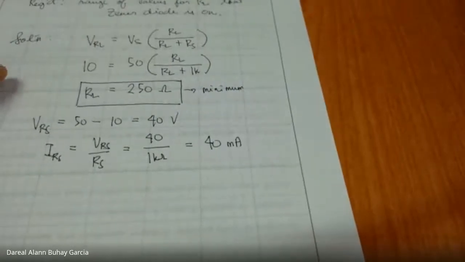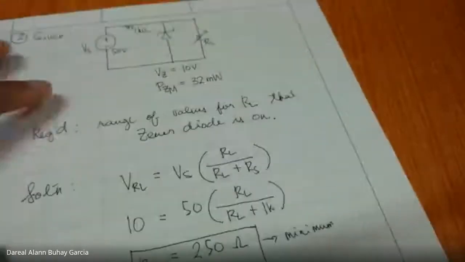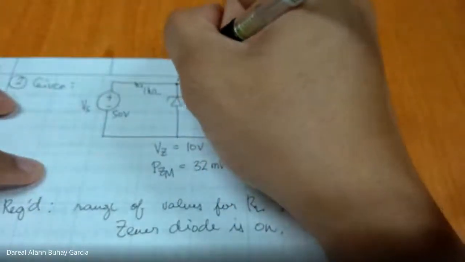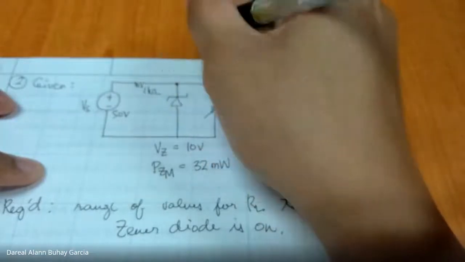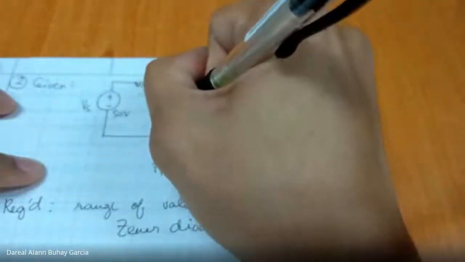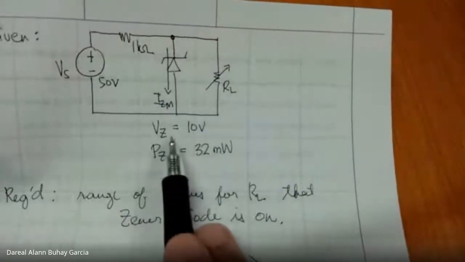So if IRS is 40 milliamperes, at maximum conditions, using KCL, what is IZ? We have PZ max, 32, and VZ is 10. So we can solve IZ max.